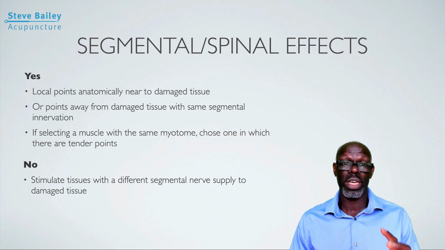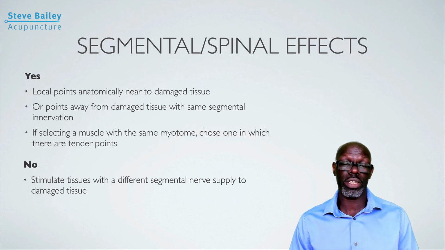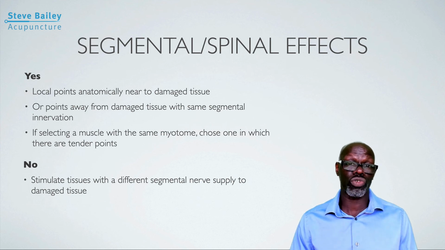They don't have to be directly in the area, but along the same myotome, dermatome, sclerotome. If you're not wanting that, then you can stimulate outside of those tissue areas that the nerve supplies to the actual structure itself, whether it's the knee or the shoulder. You can choose points away.